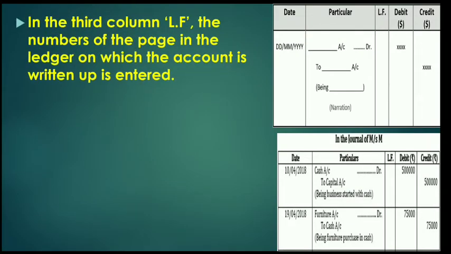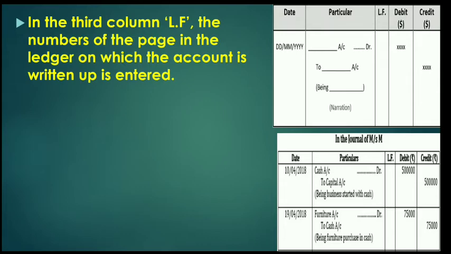Next, in the third column, so we have understood the date, the first column, we have understood the second column, that is particulars, what to write. Now we'll go to the third column, that is LF, ledger folio, the number of the page. Now when we maintain a journal, there is another subsidiary book, that is the ledger. So we maintain that book.